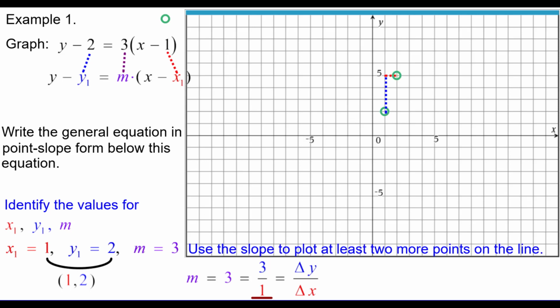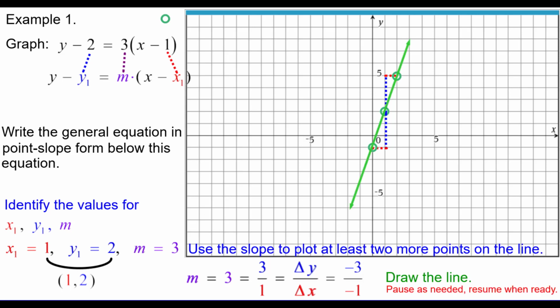And there's a point on the line. I can also think of the 3 as negative 3 divided by negative 1, which would mean go down 3, negative 3, and to the left 1. And so those 3 points are collinear, and we connect them into the line. Go ahead and pause as needed.